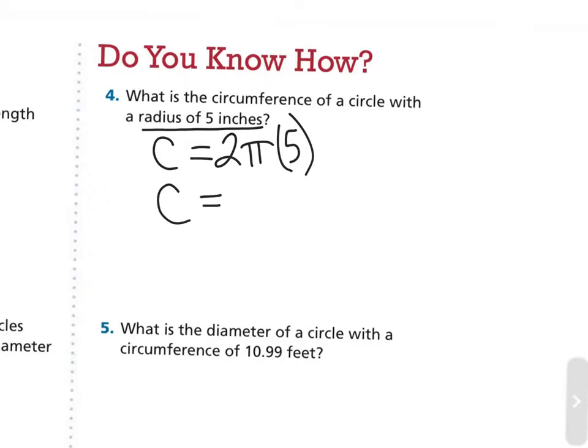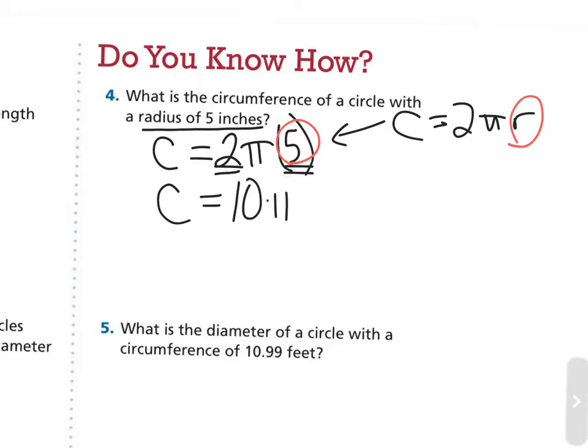So basically, I'm sorry I didn't start with my formula here. This is 2 pi r, and then the radius is 5, so I'm just substituting that. Now, if we were writing this in terms of pi, we can multiply our numbers together. So 2 times 5 is 10. So that'd be 10 pi in terms of pi. And then if we wanted to actually get an approximation here, we could use 3.14.